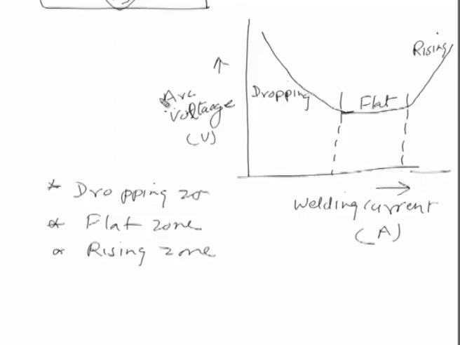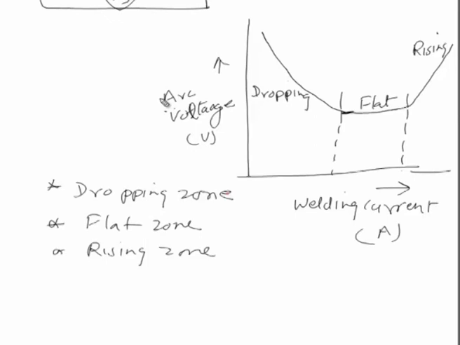Now, we will see the reason behind the development of these three zones. When the current value is very small, the arc is established between the electrode and the workpiece. Using very small current, the arc is very thin, with a small diameter, and current is low.